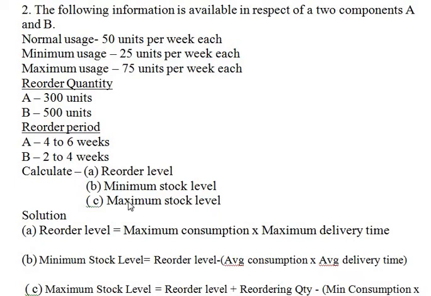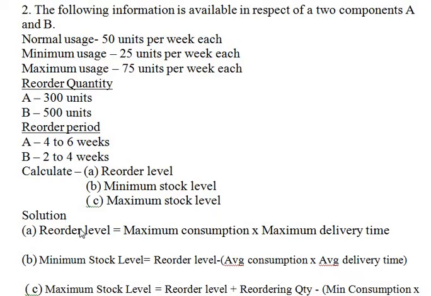Now here there are two components, A as well as B. So whatever information is relating to A as well as B is given in the problem. All these three stock levels have to be calculated for two components. First they have asked us to find out reorder level.